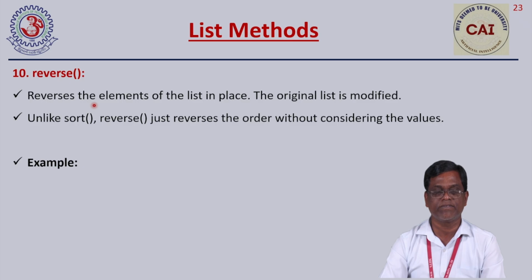If you apply this reverse method, the values in the list will be reversed, and the index of those values will be modified. Unlike the sort method, the reverse method just reverses the order without considering the values. It will not sort anything; whatever values we have will simply be in reverse order.